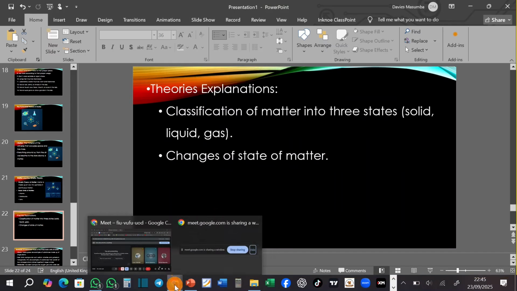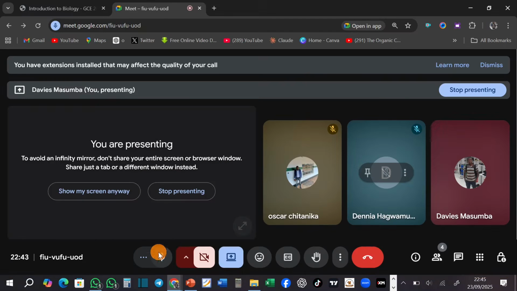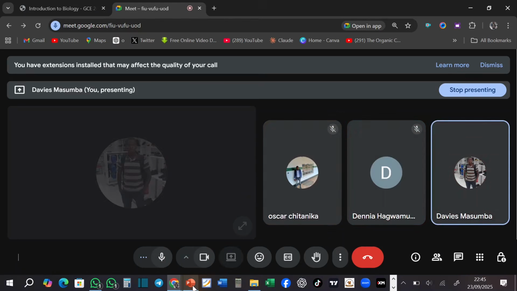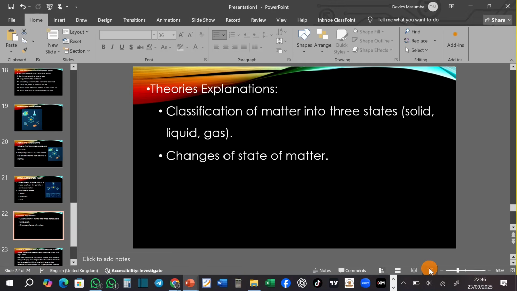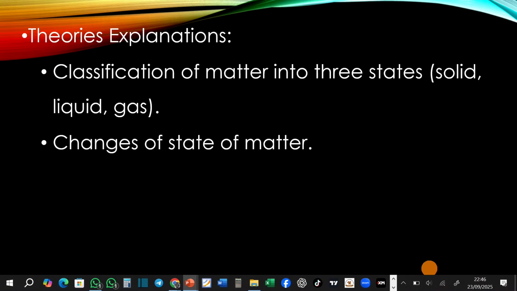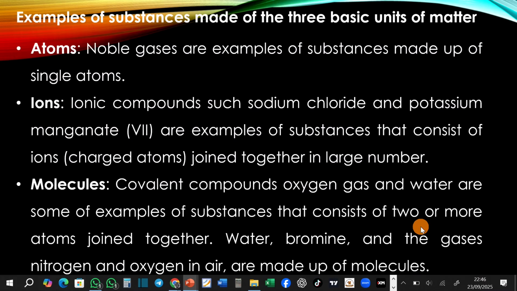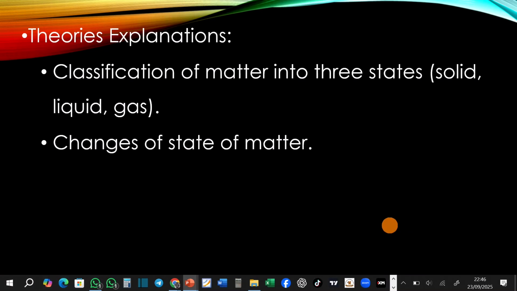The state also changes. So, as the state changes, we would need to know what has happened for the state to change. And this is why we are saying that the kinetic theory is there to help us understand.